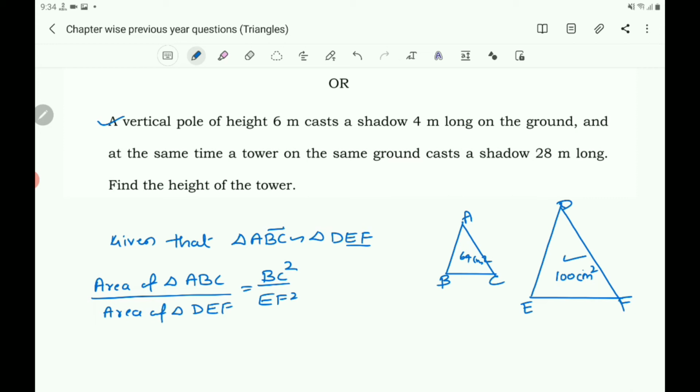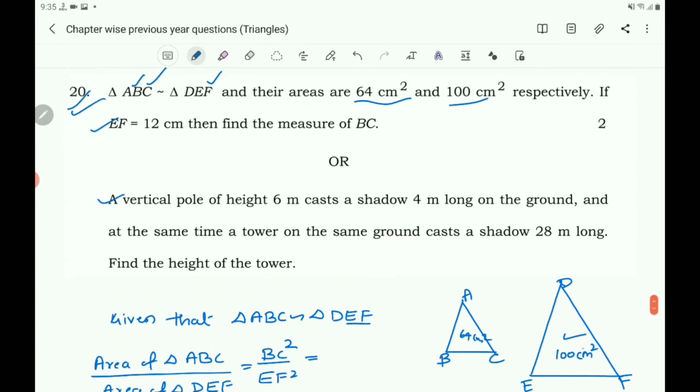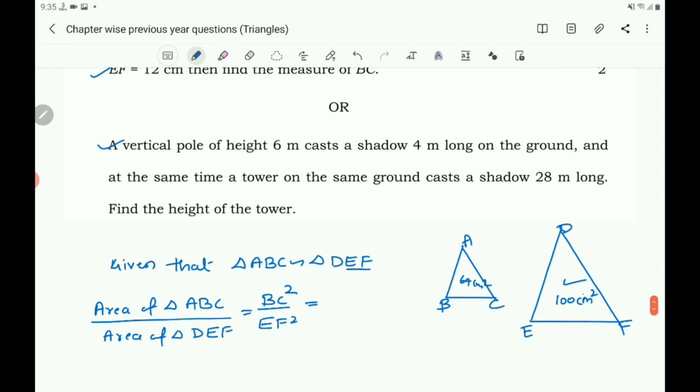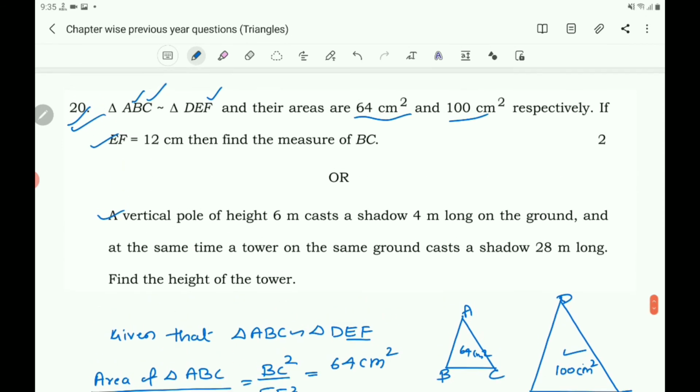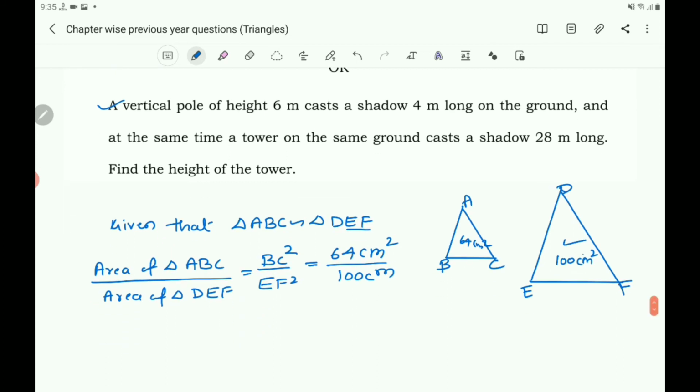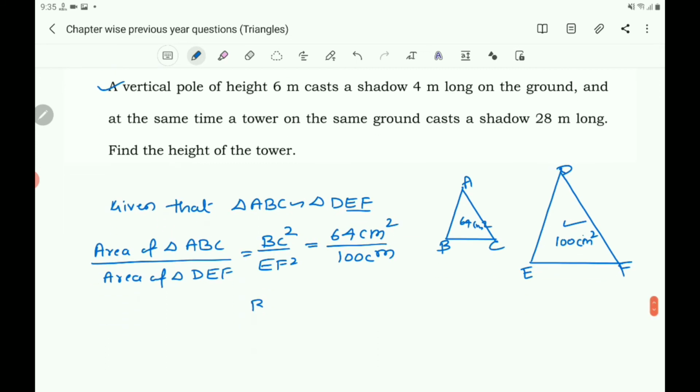So here we have to find out BC. So you take the ratio BC square by EF square and that equals what? The areas are given here. What is the area of the triangle ABC? Area of the triangle ABC is 64 cm square and area of the triangle DEF is 100 cm square. So you take BC square by EF square, EF is given.